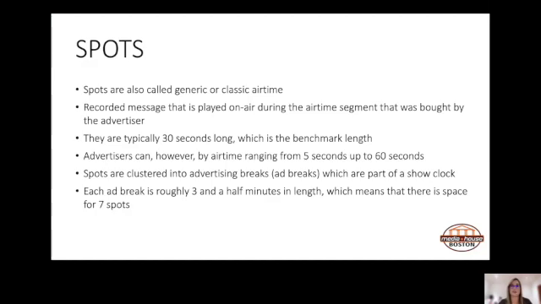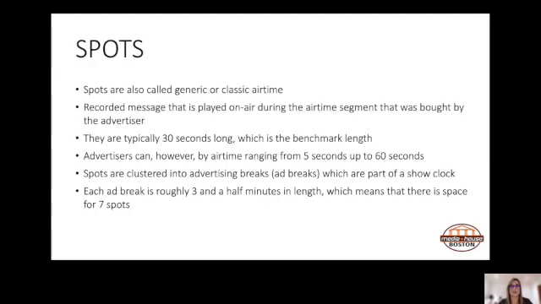Spots are generally delivered in a controlled on-air environment, scattered among other radio fundamentals such as content, music, news, traffic, and sport. They're typically 30 seconds in duration, which is the benchmark length.